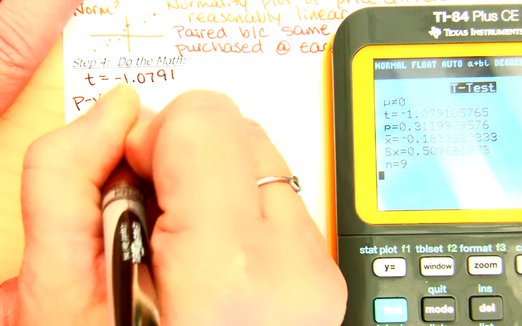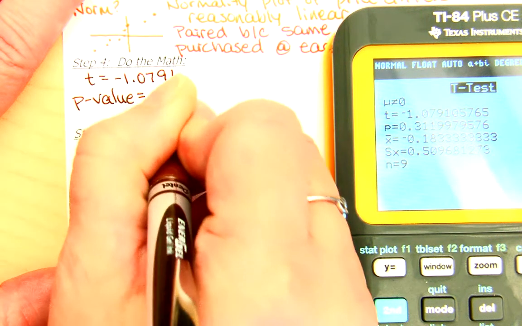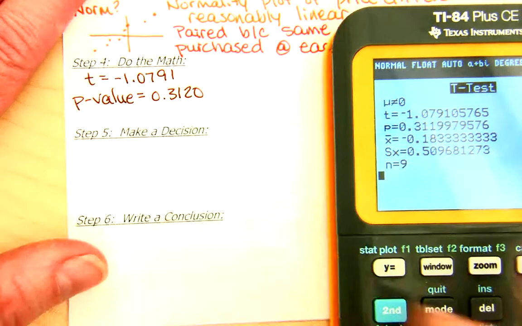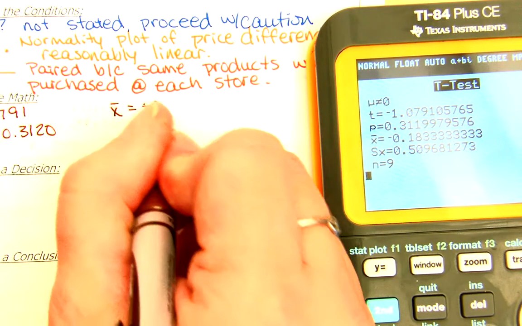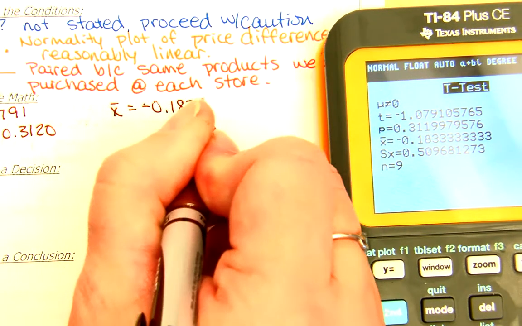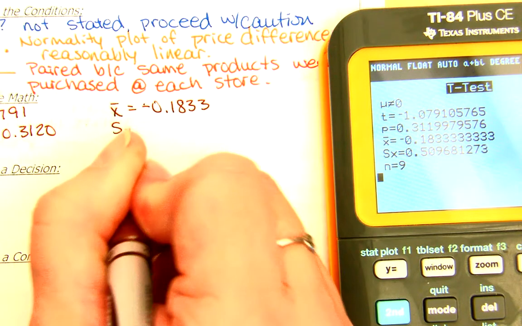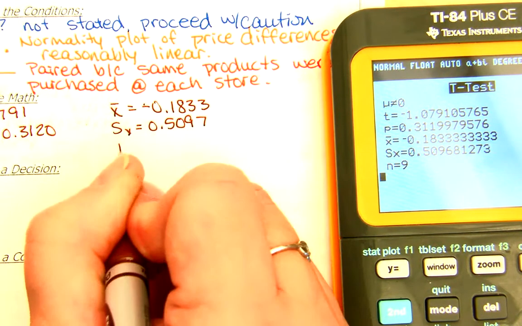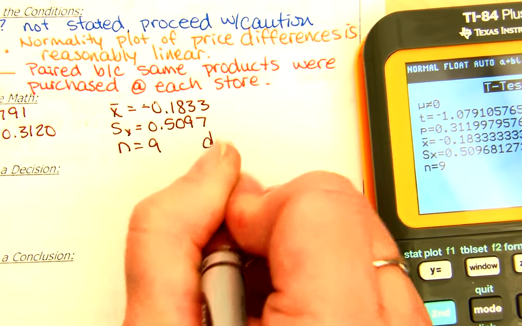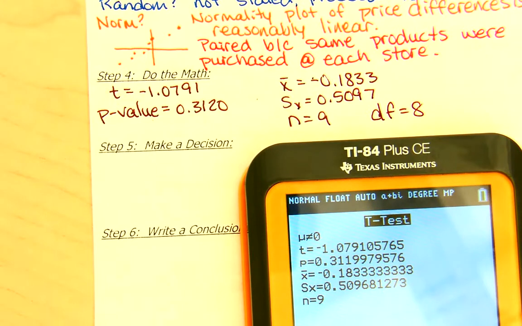So the t is 791, p-value. There's all the numbers that my calculator provided for me.